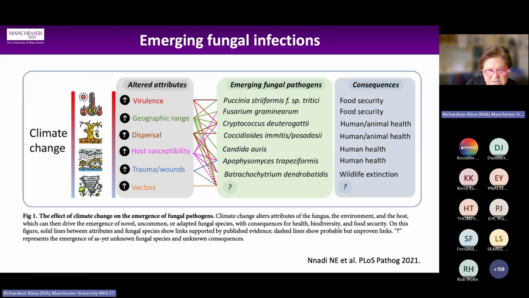And climate change is driving all this, having an impact on new species, potentially favoring them, and what the consequences of all of the changes happening are. They can be on human health, but equally for food security, and we can have big famine issues if we don't use antifungals in agriculture responsibly.